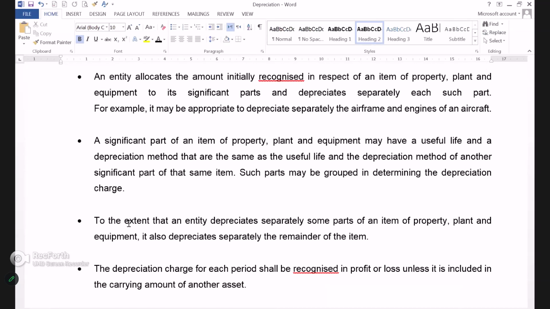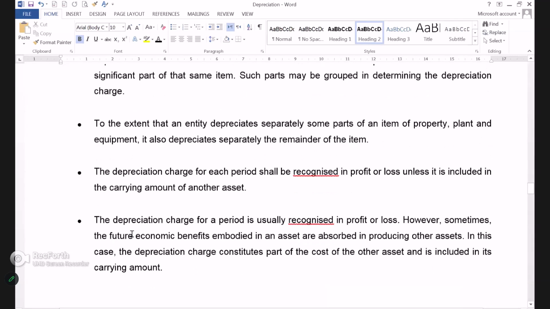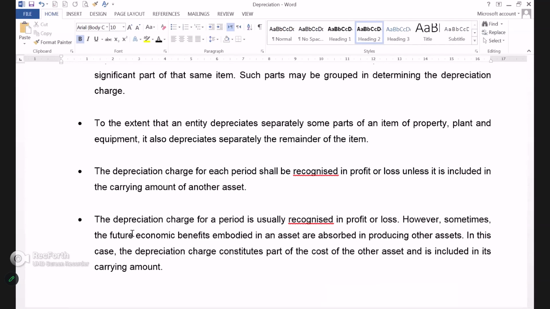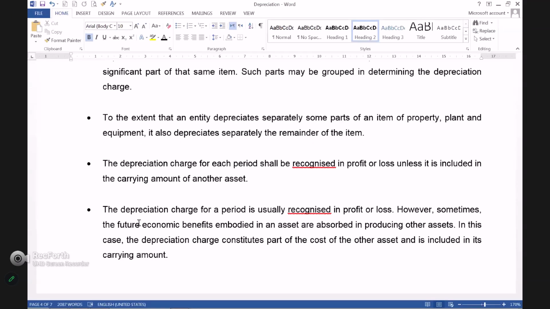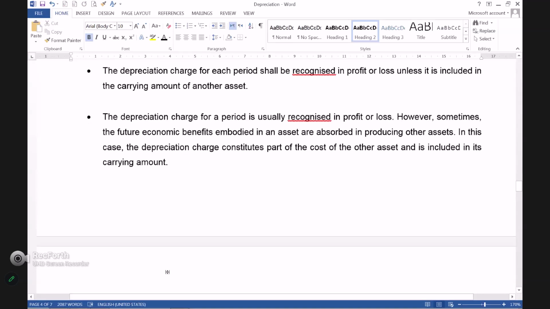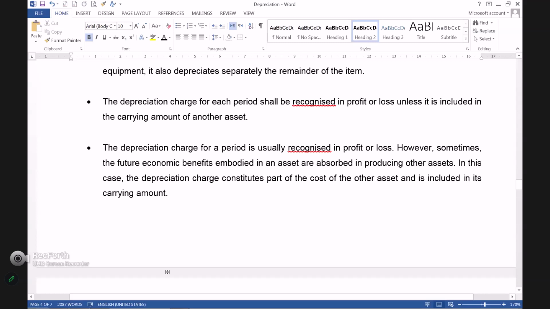To the extent that an entity depreciates separately some parts of an item, it also depreciates separately the remainder of the item. The depreciation charge for each period shall be recognized in profit or loss unless it is included in the carrying amount of another asset.